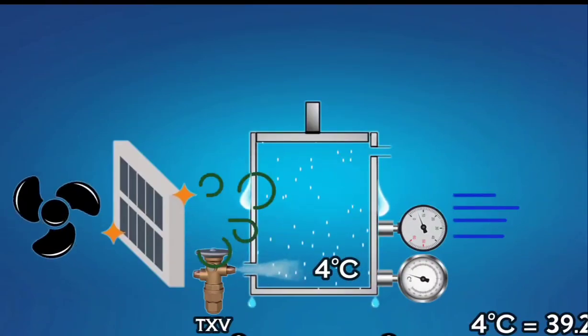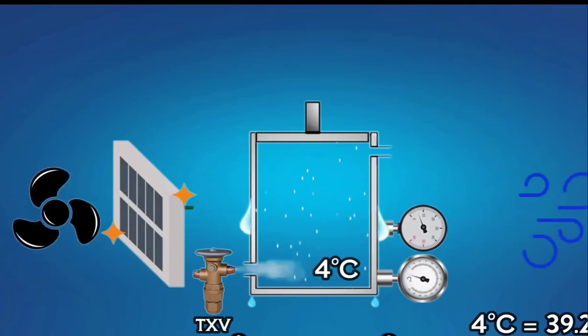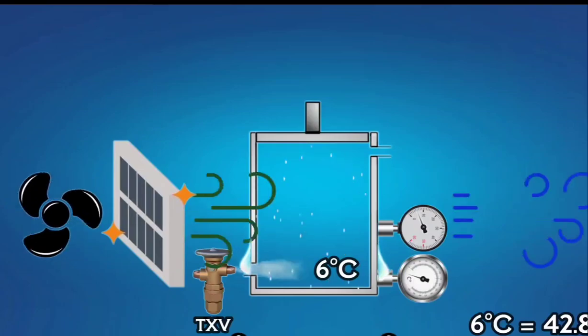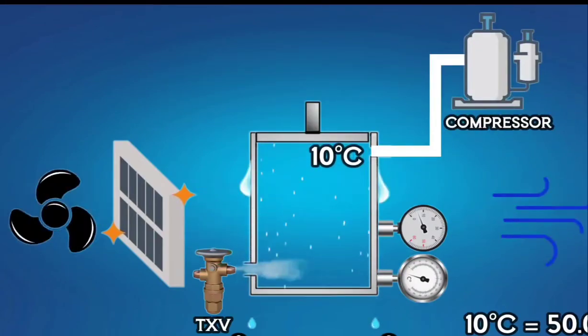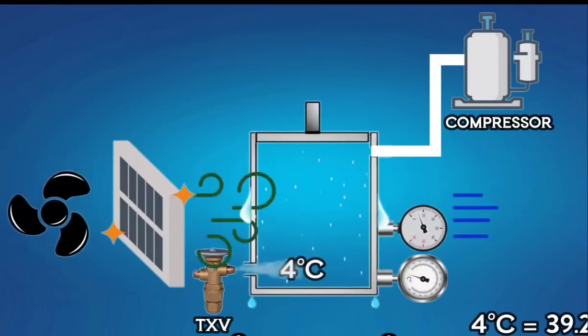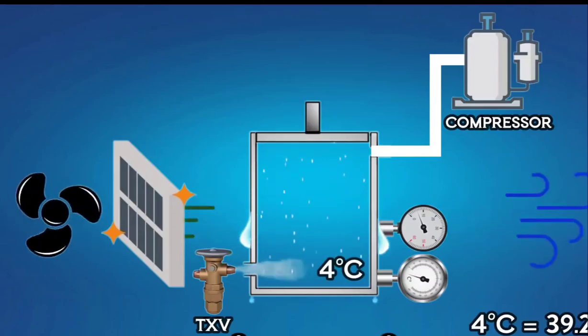When the air coming from the blower falls on the evaporator coil, the temperature of the refrigerant inside the evaporator increases. The temperature-increased refrigerant will go to the compressor. Refrigerant again enters the evaporator at a temperature of 4 degrees Celsius from the expansion valve.